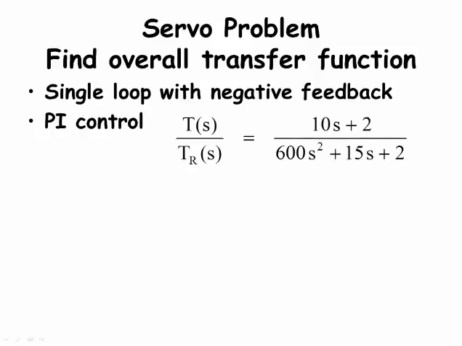And after substituting the values, we set the servo problem transfer function T over Tr equal to 10 times s plus 2 over 600 times s squared plus 15s plus 2.